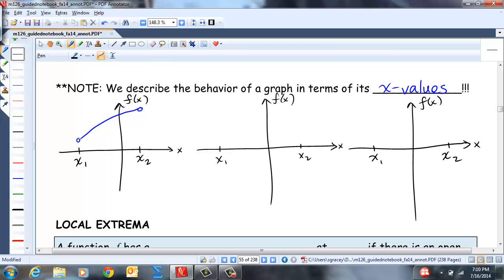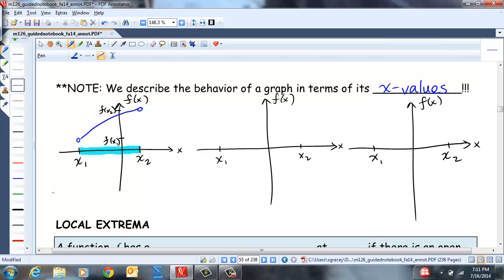Here we have the function evaluated at x1, and over here the function evaluated at x2. So this is a picture of an increasing function, and the x values give the interval on which the function is increasing.